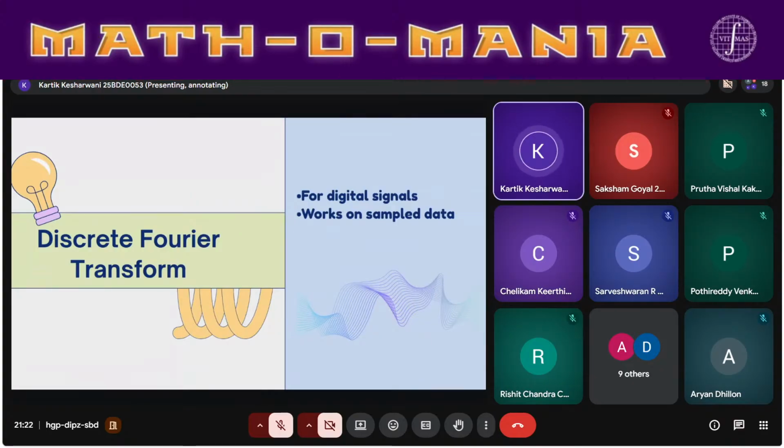This makes the DFT extremely practical for computers. Whenever you record audio, capture an image, or process digital signals, the data is stored as discrete values. The DFT allows us to analyze this data in the frequency domain.